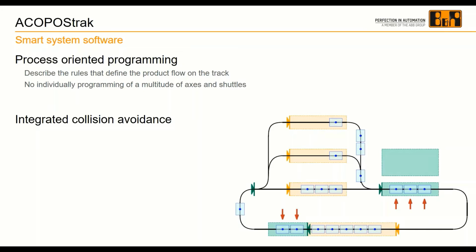And then you simply tell the track when its process is done and tell the shuttle to go to the next process point. All of the buffering, all of the path coordination, all of the collision avoidance is handled natively by the system. So what you're not having to do is program individual shuttles, individual collision avoidance, worry about where the shuttles behind and in front of your shuttle are located. All of that is handled natively by the software.